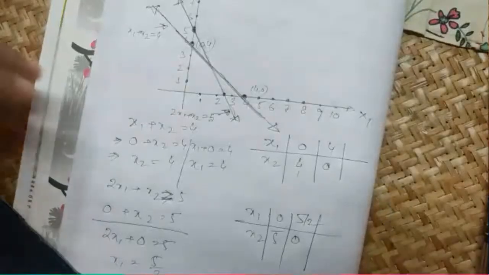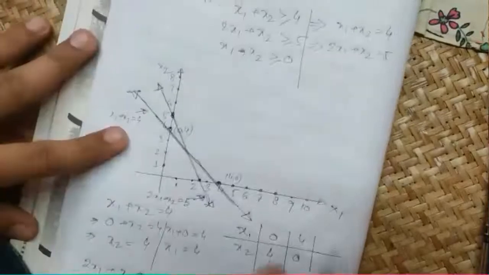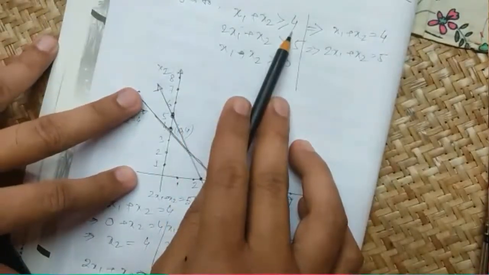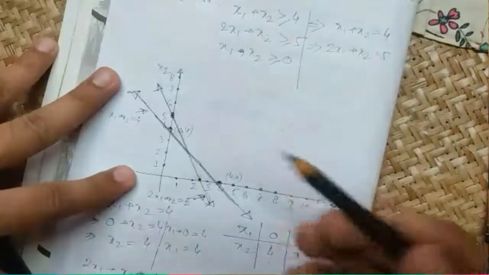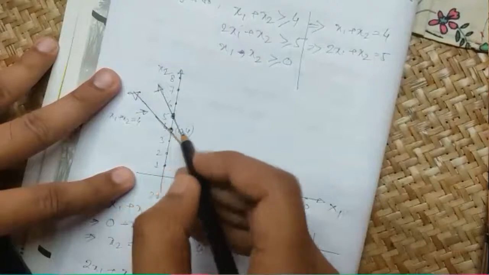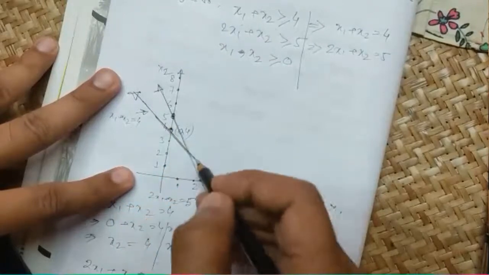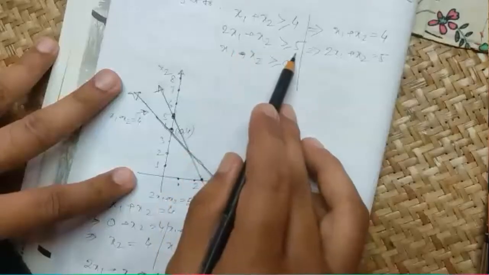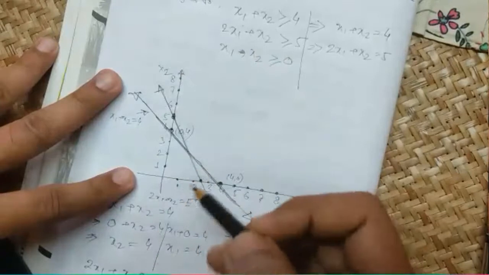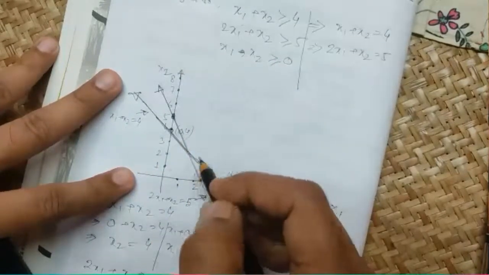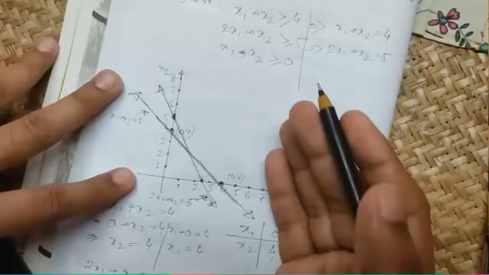Now for this constraint here, we can see x1 plus x2 greater than or equal to 4. That means the feasible region is in the outer section, the outer section of this first line. In the second case also, 2x1 plus x2 greater than or equal to 5 means the feasible region is in the outside unbounded section.